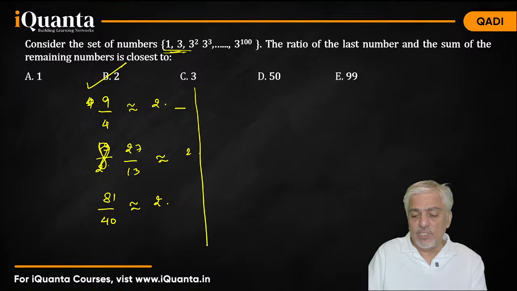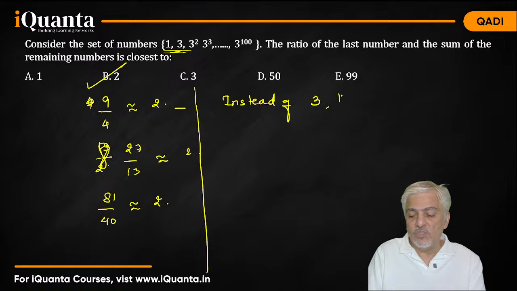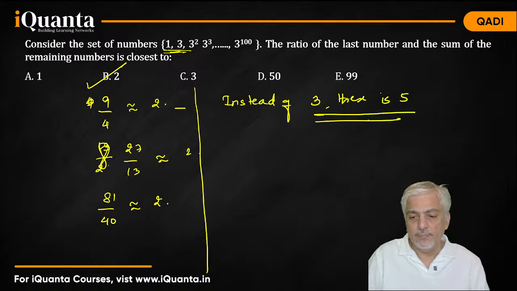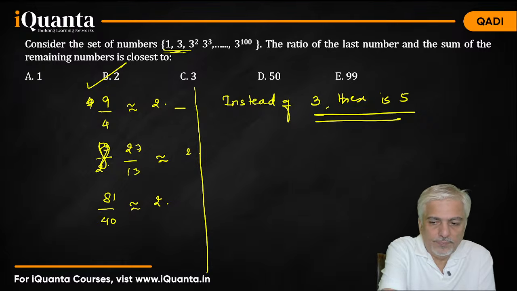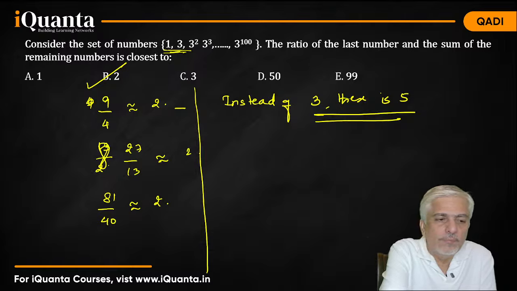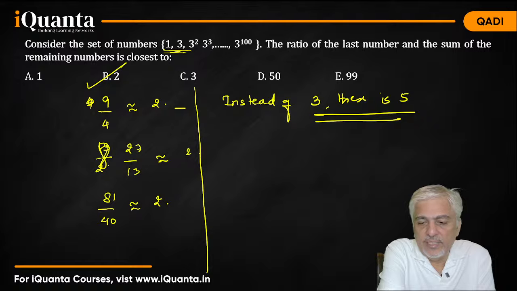Try the same question, instead of 3 if there is 5. Same question. What will you get as the answer? Orally you should have got. Perfect. Very good, Shubham.